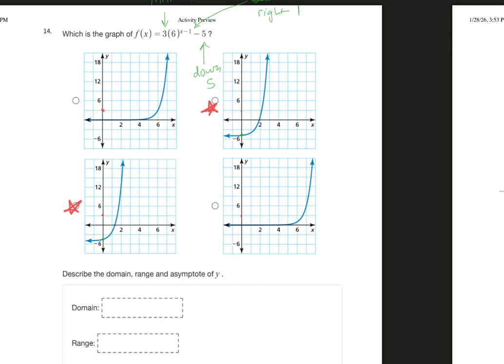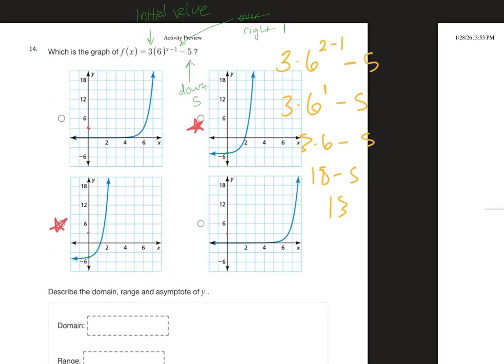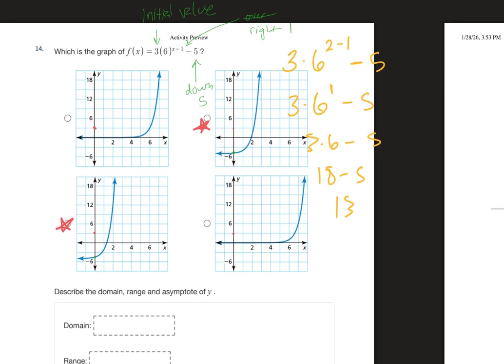Let's plug in 2. So here we go. 3 times 6 to the 2 minus 1 minus 5. Okay, so that's 3 times 6 to the first power, which is just 6, which is 18 minus 5. That's 13.